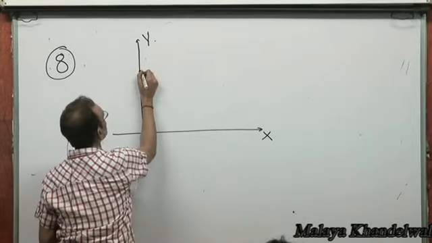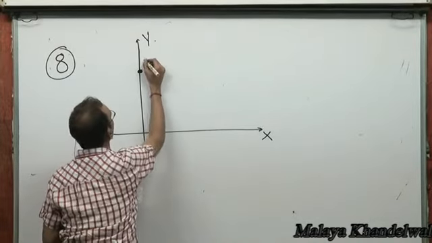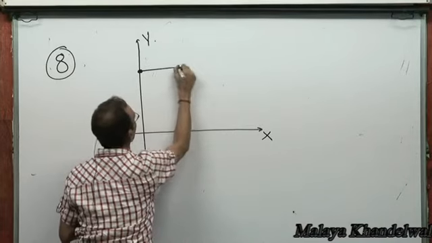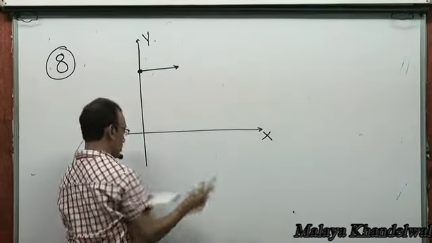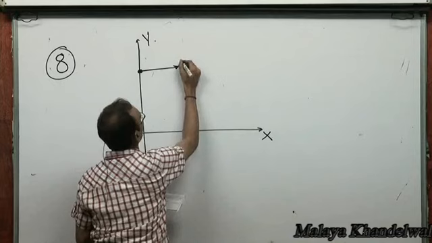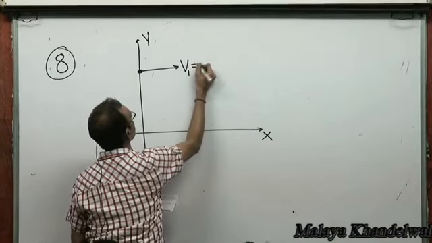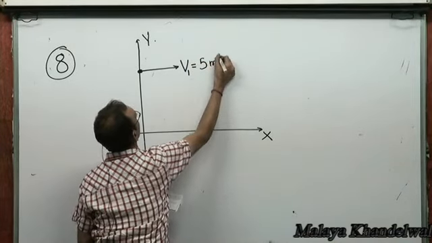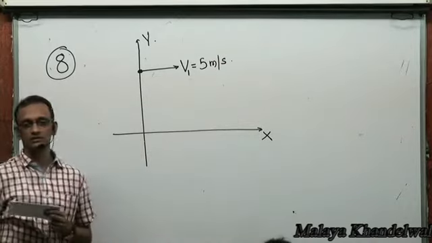So, there was a particle which had a velocity along the positive x direction v1 equal to 5 meters per second, parallel to the x-axis.